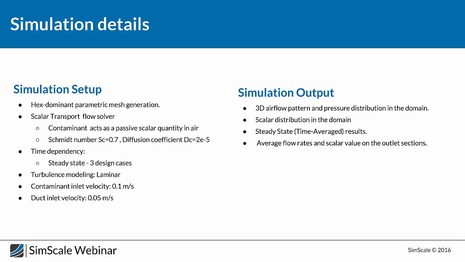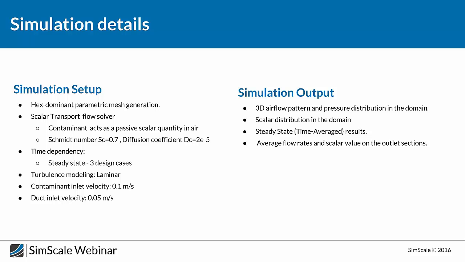The kind of output that you're going to look at later are flow patterns in 3D and pressure distribution in the domain. We also have a look at the scalar distribution. This is tied to a scalar number that in our case ranges from 0 to 1, and this is a representation of a certain number of particles in a volume of air, which is the way the standard of a clean room is measured.